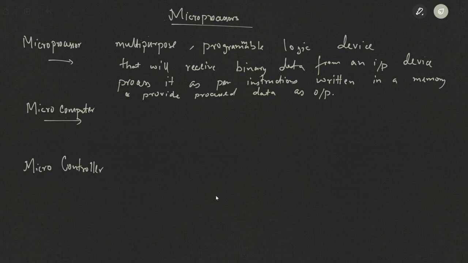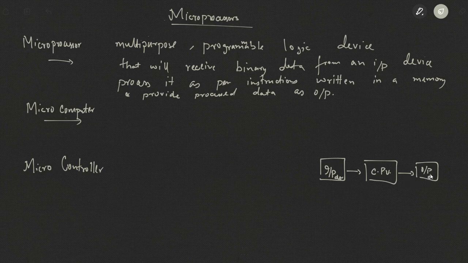So if we look at a general block diagram, we'll have an input device, we will have the central processing unit, that will be the microprocessor, and we'll have an output device. This is the input device.